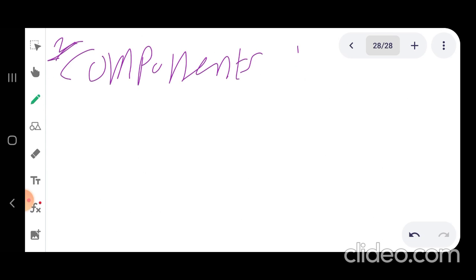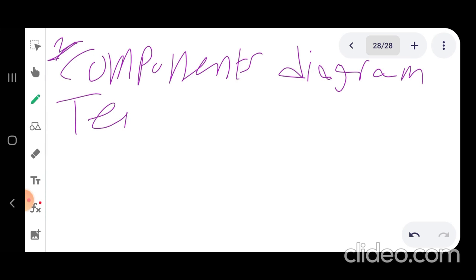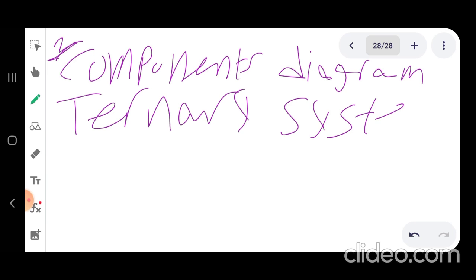Another famous diagram, which I think is new to you, is called the components diagram. So this is the second one, the components diagram. This diagram is drawn between the three components. Remember, we have a ternary system where we have three components.